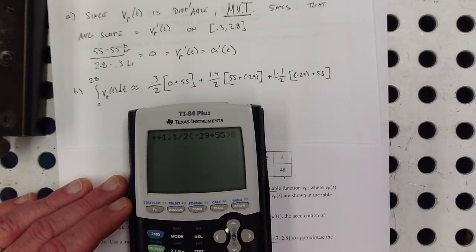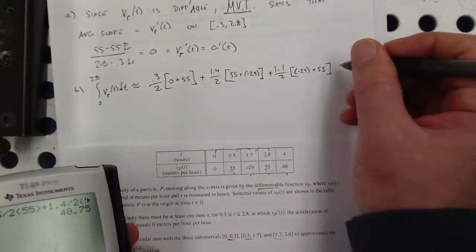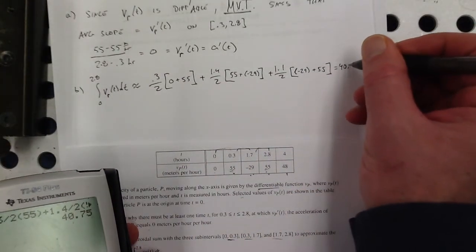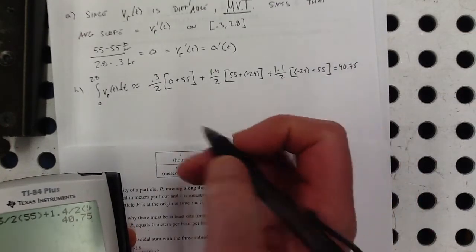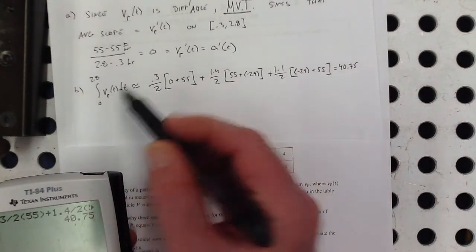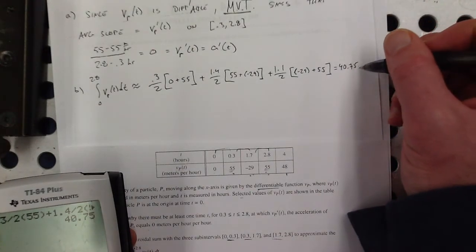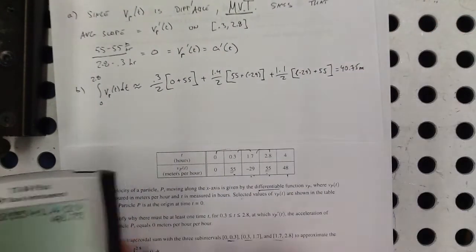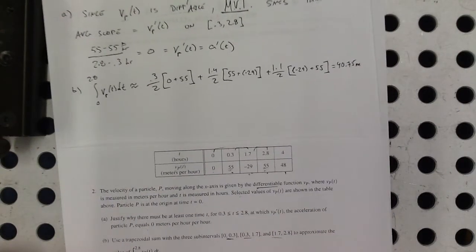That's all good. That is 40.75. And the units of this is the area under the velocity, so that is going to be a displacement. And our units there are meters. Right.